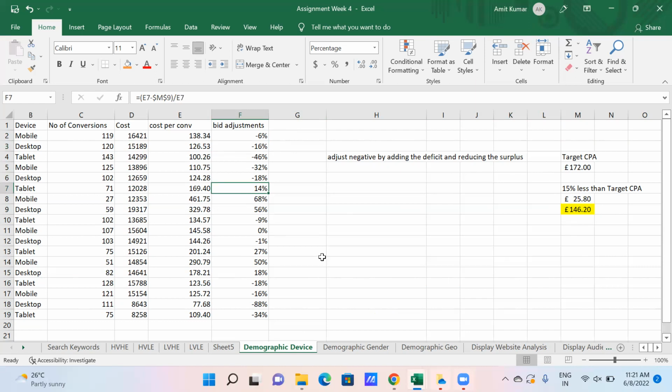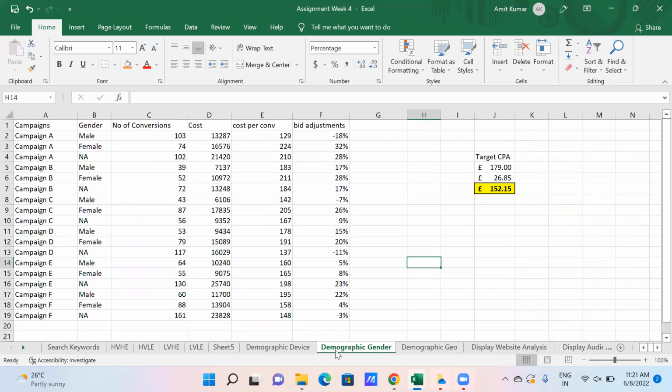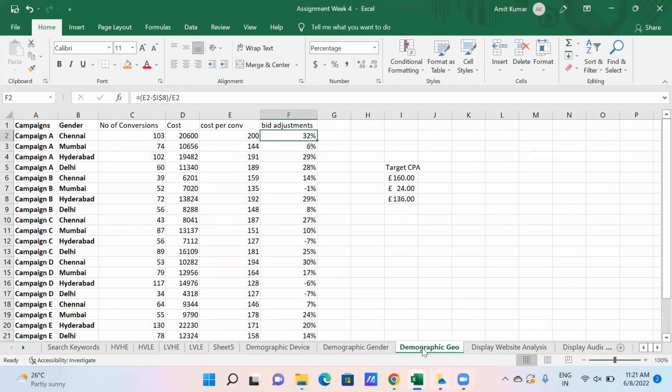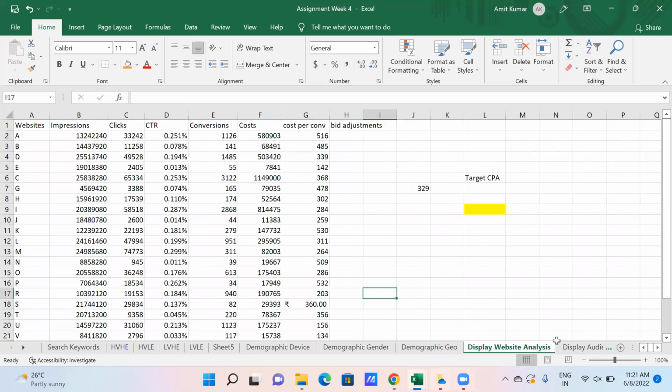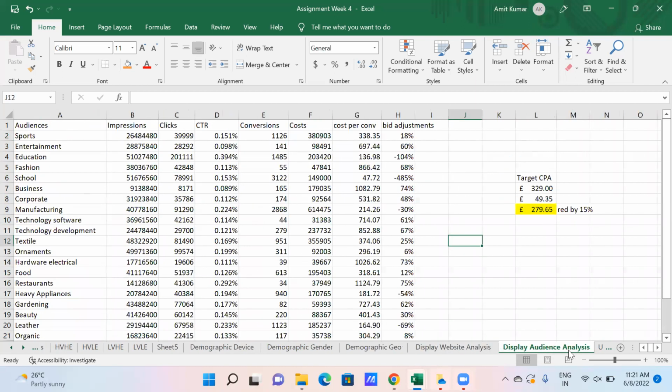So this is the basic optimization that I've understood. The same goes with all other demographics: cost per conversion calculation, and then bid adjustment. And before that, you have to reduce your target CPA by 15%, so that you have that kind of cushion with you. So for demographics, the same calculation goes in a similar fashion.